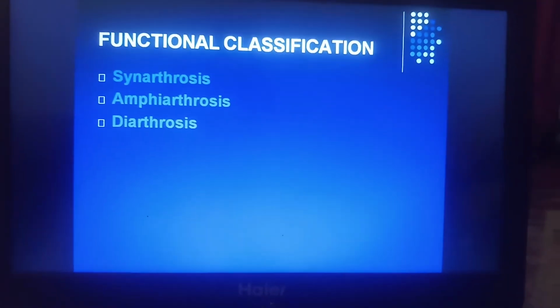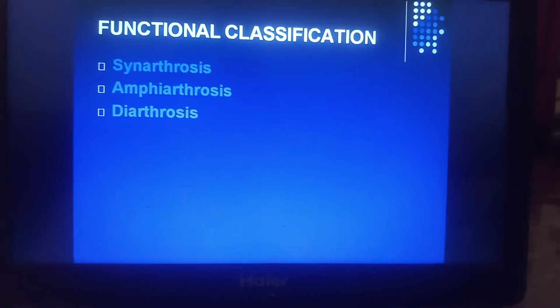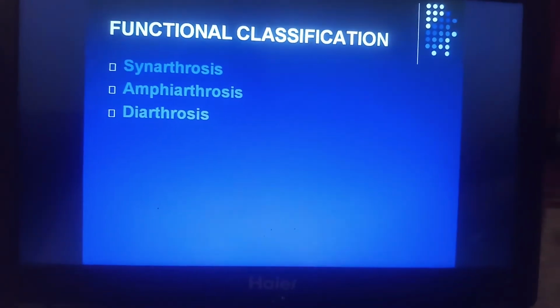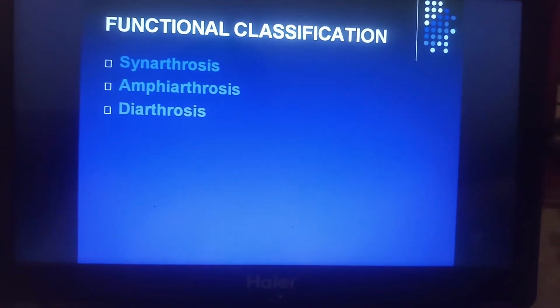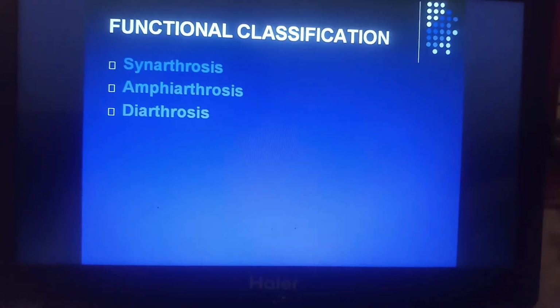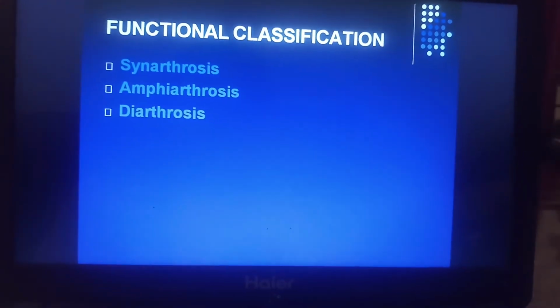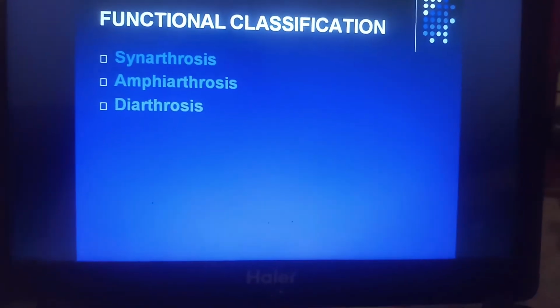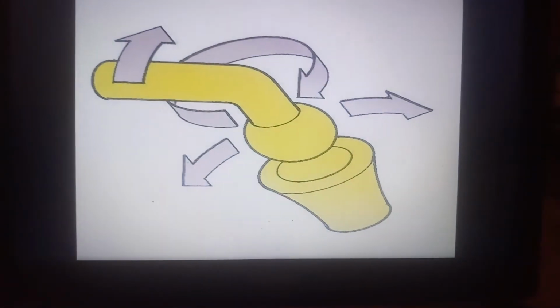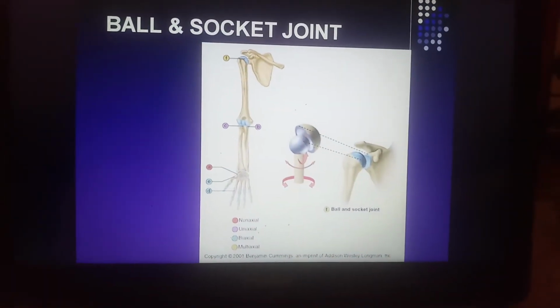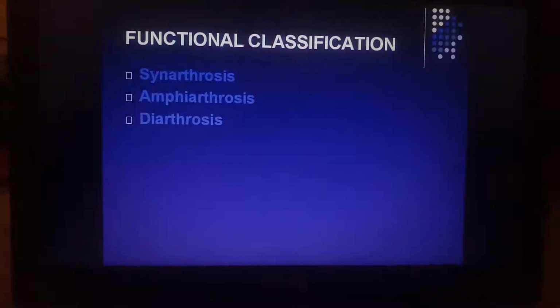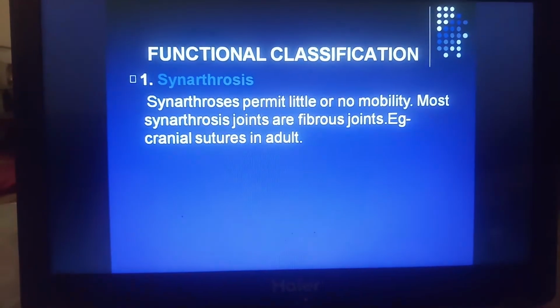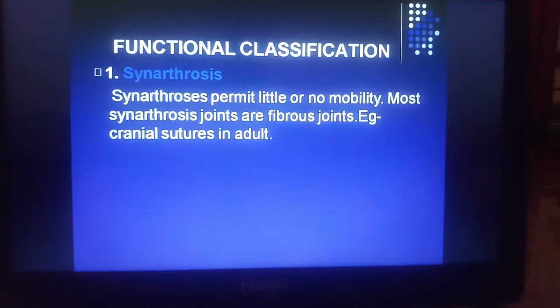Now we will discuss the functional classification. If we discuss the functional classification of the joints, then we have three types of joints: synarthrosis, amphiarthrosis, diarthrosis. Now we will discuss them one by one. Number one is the synarthrosis.